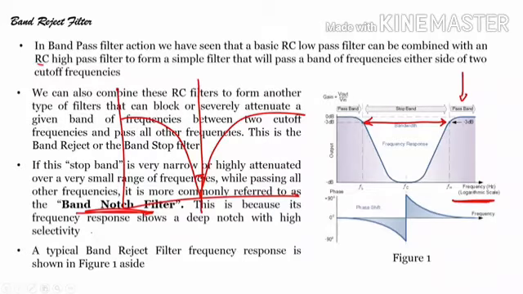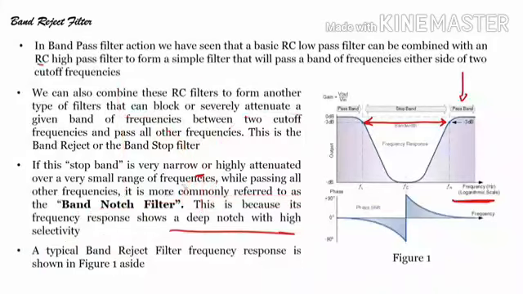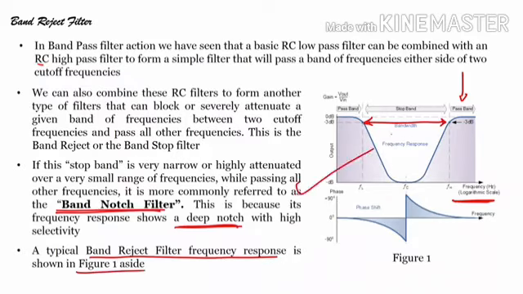This is because its frequency response shows a deep notch, with high selectivity; only that particular small band of frequencies is stopped, and it looks like a deep notch. That is why it is also called a band notch filter, the same filter. Band reject filter is also called band notch. A typical band reject filter response is shown in this figure.